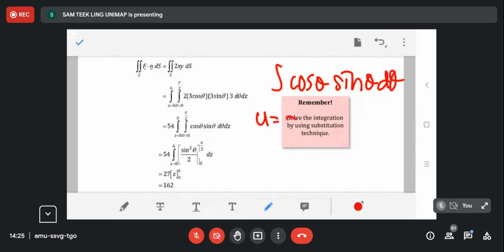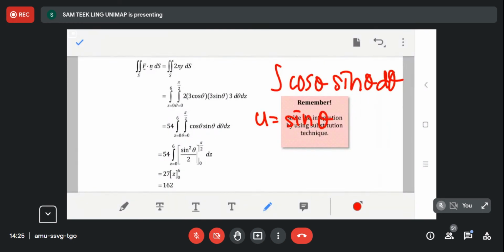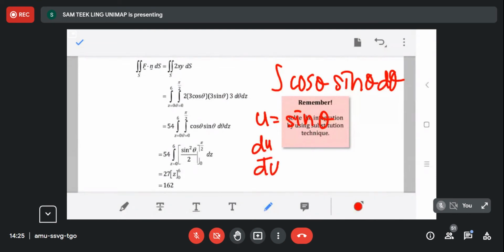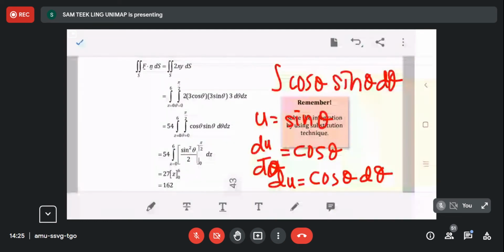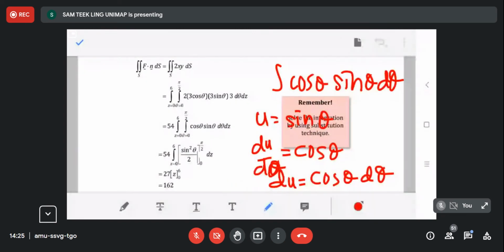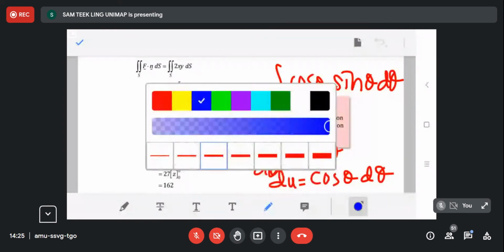So first let u equal sine theta, and du d theta equals the derivative, which gives cos theta. So my du equals cos theta d theta. This one is substitution.